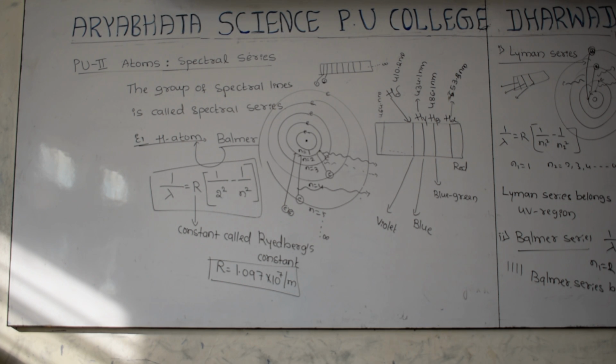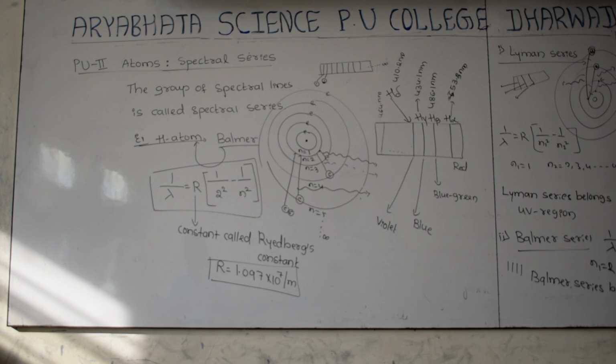In the hydrogen atom emission spectra he produced, he considered only 4 lines, because only 4 lines are clearly observed, named H alpha, H beta, H gamma, H delta, and by using this formula 1 by lambda is equal to R into that formula he used, and he found out the wavelength of all the radiations. The first one is red, second is blue-green, third is blue, fourth is violet.